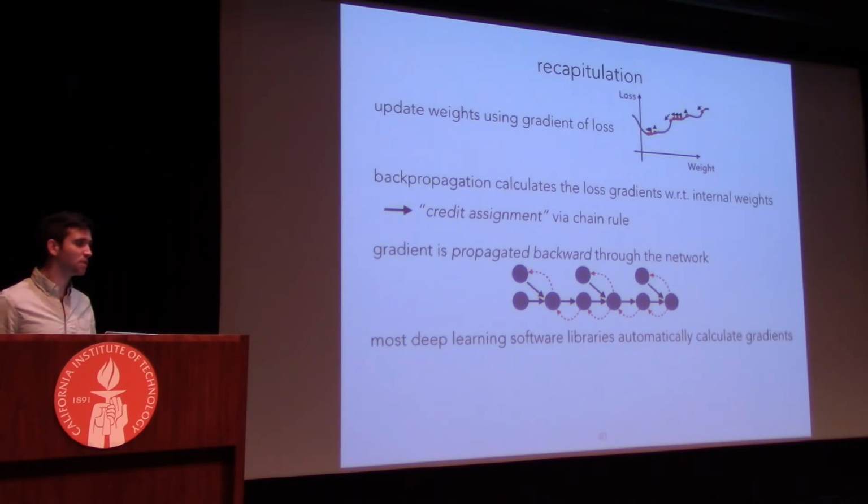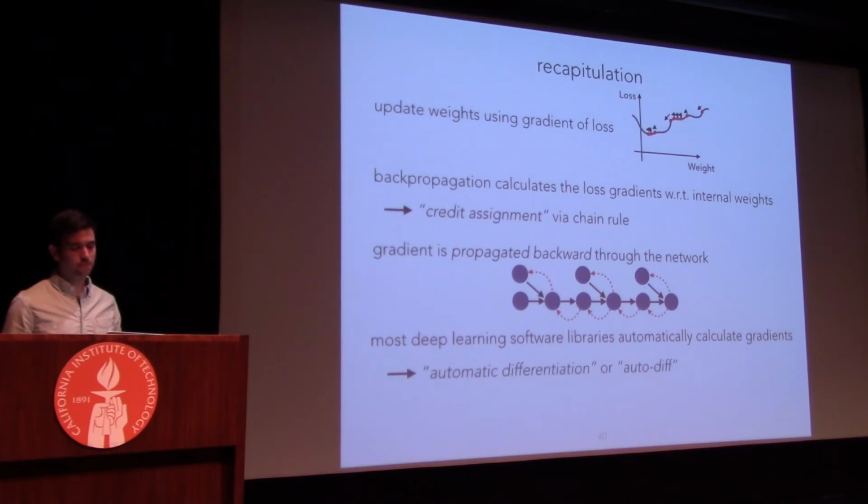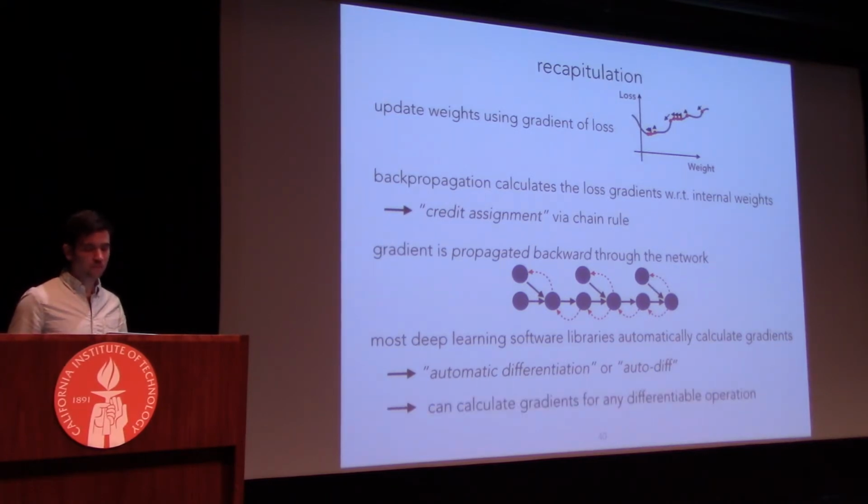But it also comes with the caveat that if you're not aware of what's actually going on in your network and you're just letting the software handle it for you, it can become somewhat of a black box. This is generally referred to as automatic differentiation, or autodiff for short. And you can now build any differentiable operation, and you can calculate gradients with respect to internal operations.